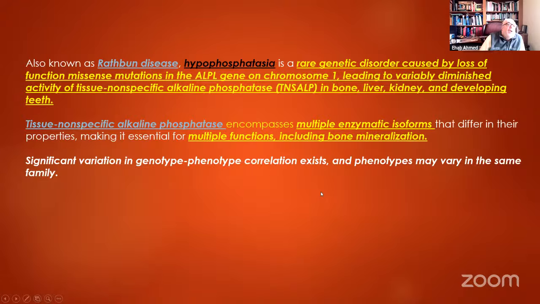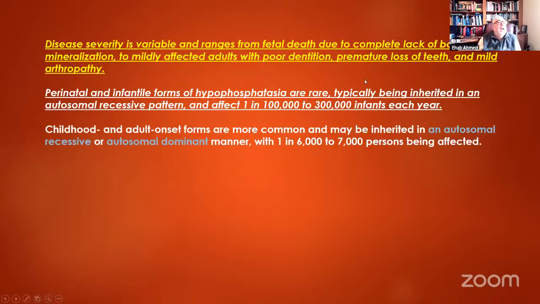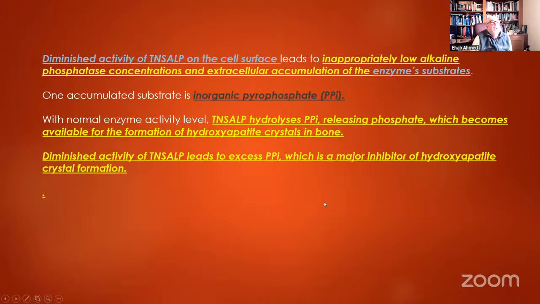Okay? And it could be, as I said, in the perinatal period or later on. It could be autosomal recessive in our babies, or the late onset could be autosomal recessive or dominant.